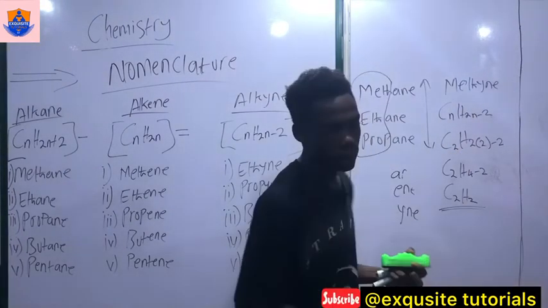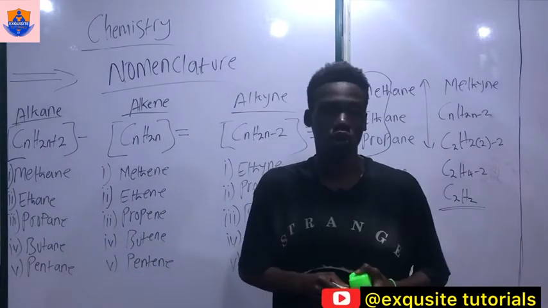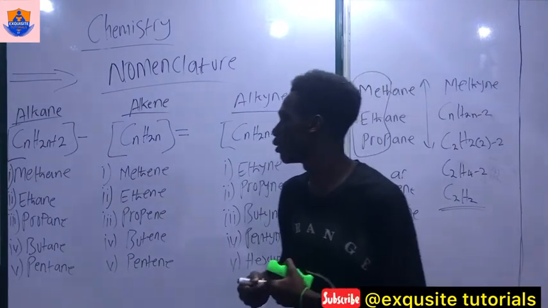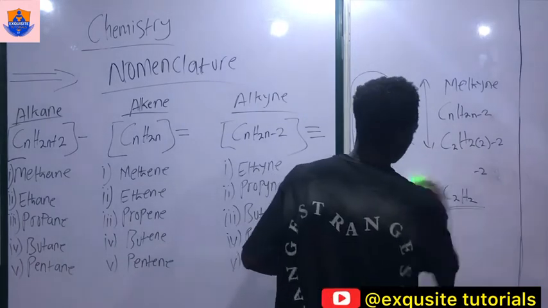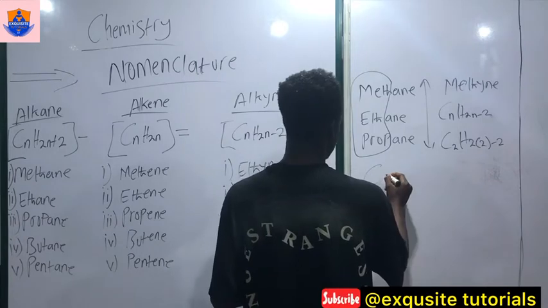Alright, so now we're going to be dealing straightly with structures, how to name structures. Now I brought this out for you to know what a structure looks like. Now let's take a look at this. We have this.